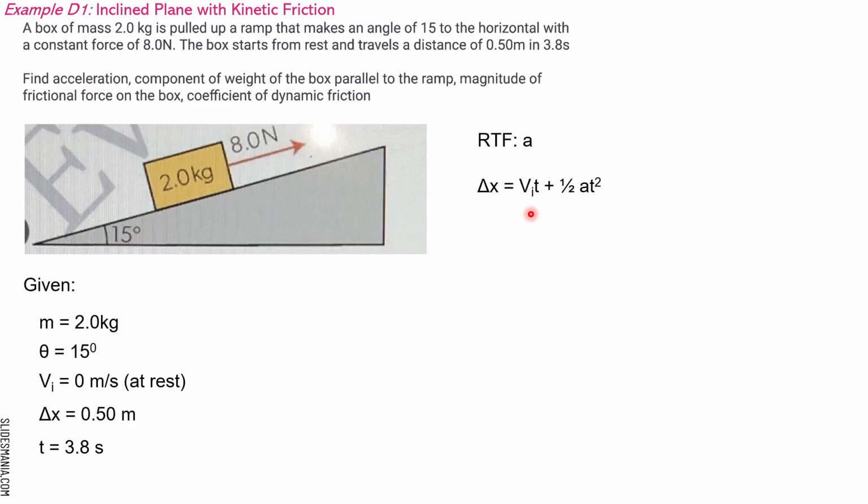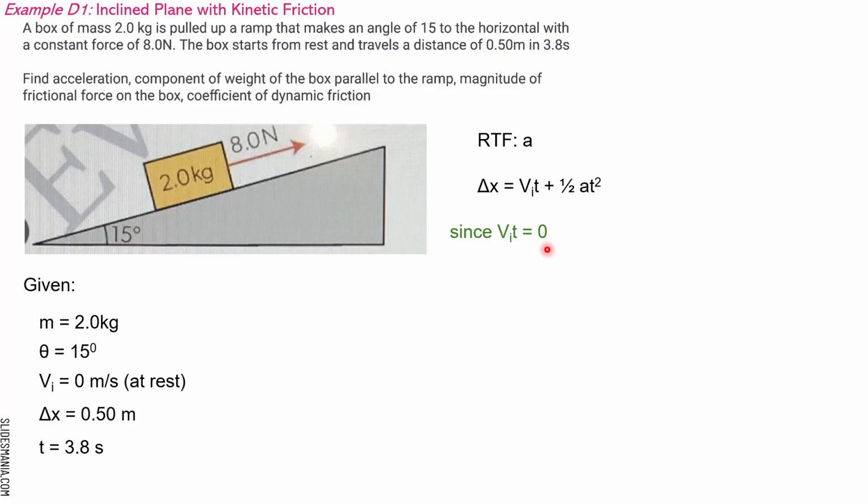So we will use the kinematic equation, which relates the displacement of an object to its initial velocity, vi, the time it takes to reach that displacement, the acceleration, and of course the time. So delta x equals vit plus 1/2 at squared.